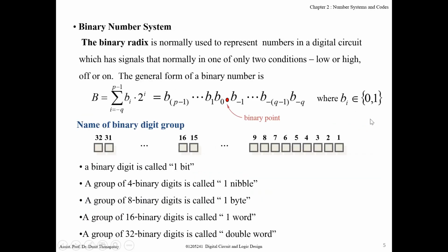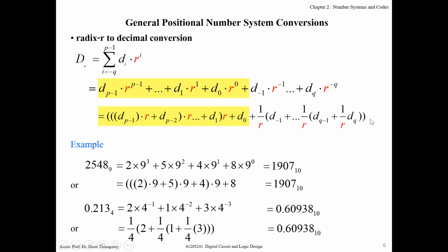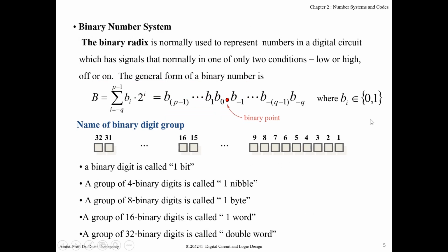Okay. Next, now if I want to convert, before that, some technical terms that you should know, maybe already know. Okay, the first one is bit, right? Bit is a binary digit.